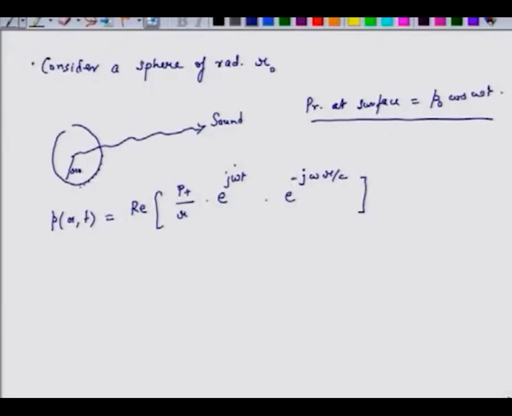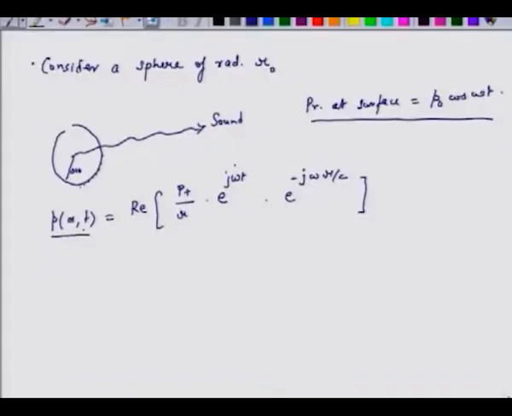Now, we know that at r equals r naught, this value P is equal to P naught cos omega t. So, we know given that P at r naught and at time t equals P naught cosine of omega t.